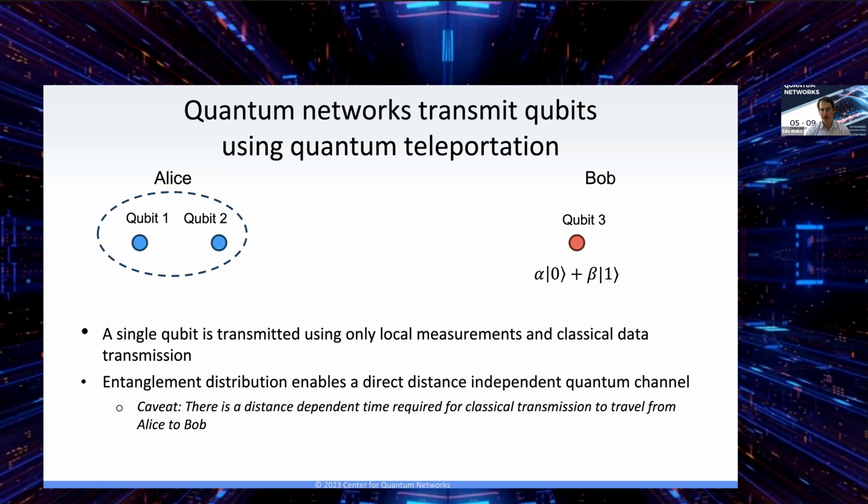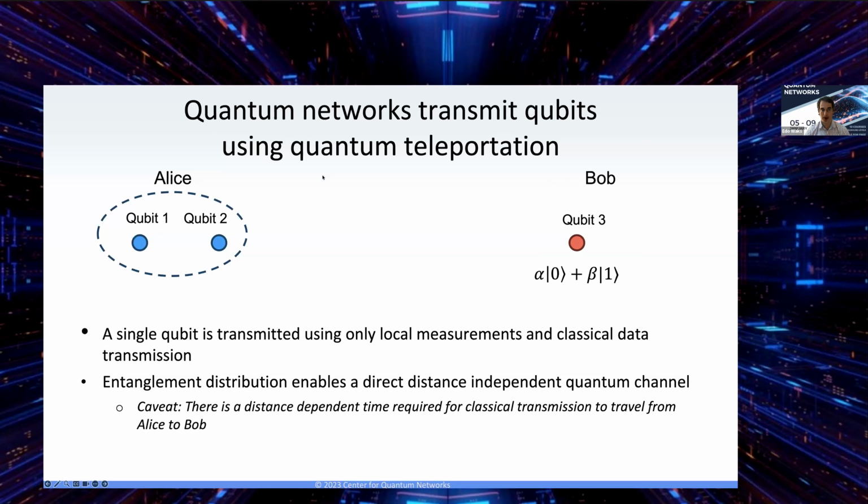Now, there's an important caveat. This does not allow faster than light communication. Alice does have to transmit classical information to Bob in order to construct his state correctly. She has to transmit to him whether he needs to do a bit flip or a phase flip. And this does take a certain amount of time, which is limited by the speed of light. So teleportation does not allow you to instantaneously transmit qubits.